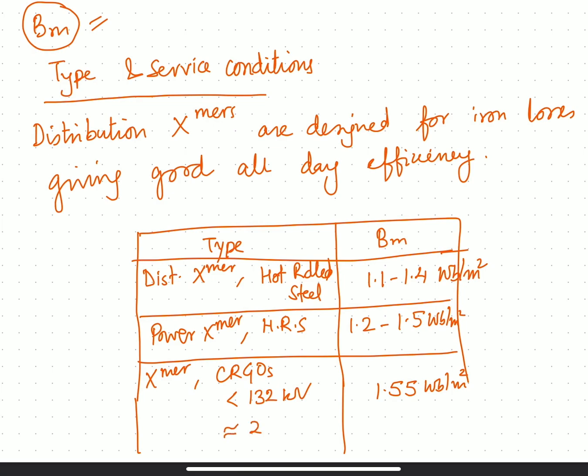Around 275 kV, it is 1.6, and about 400 kV it is 1.7 Weber per meter square. Okay, so this is the data on typical values of flux density Bm.